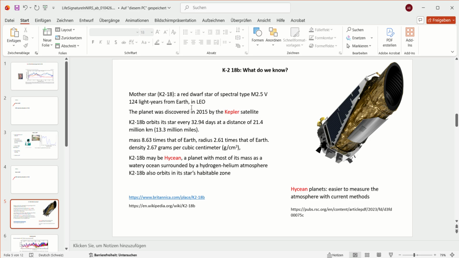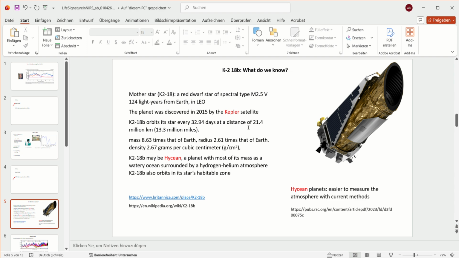And the planet was discovered by the Kepler satellite, and it orbits the star every 33 days roughly at a distance of 21.4 million kilometers. So it's roughly a seventh of the distance from the Earth to the Sun. So the planet is very close to the star.